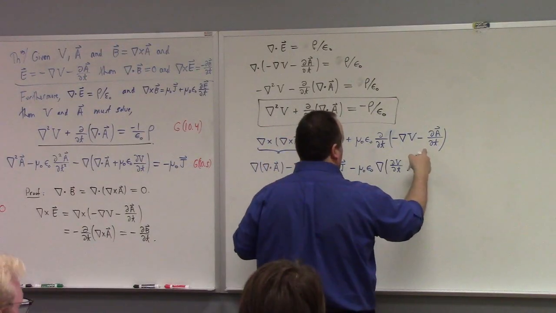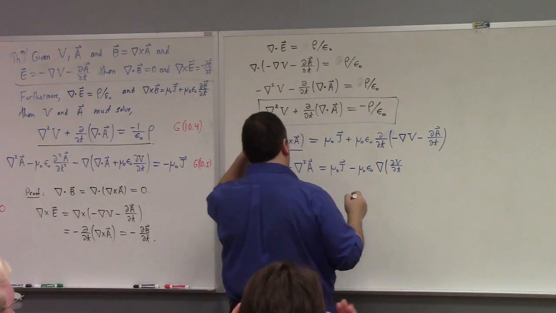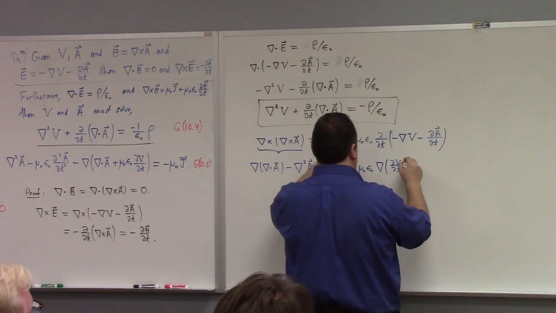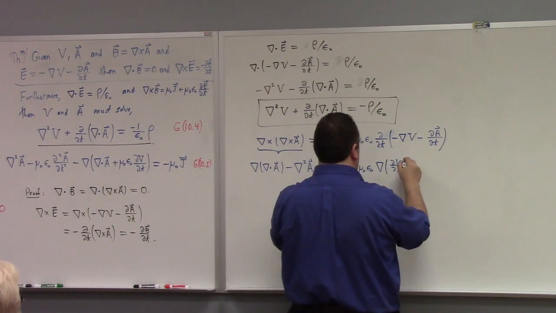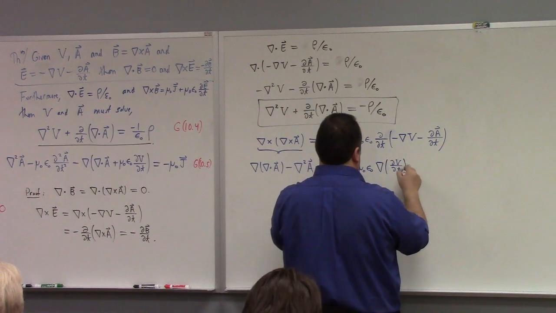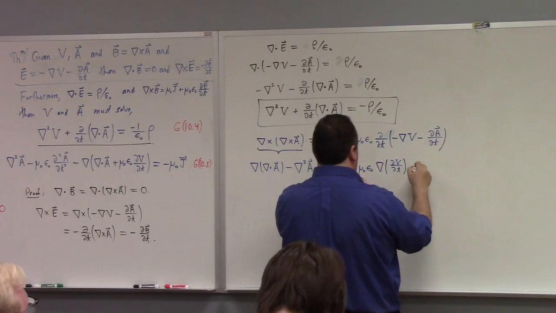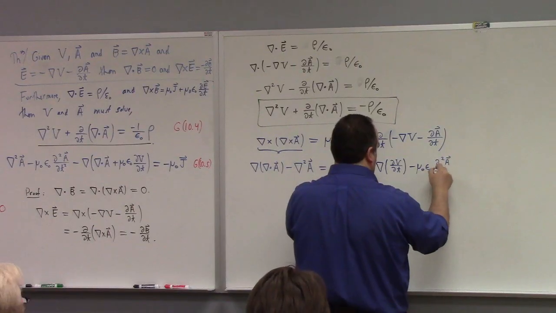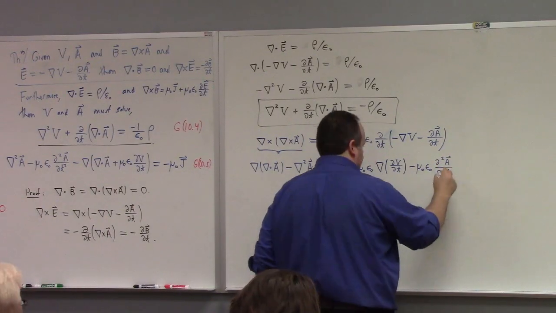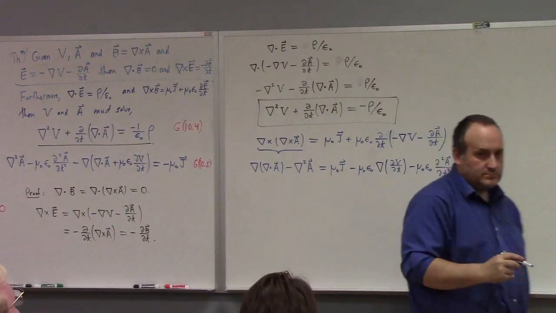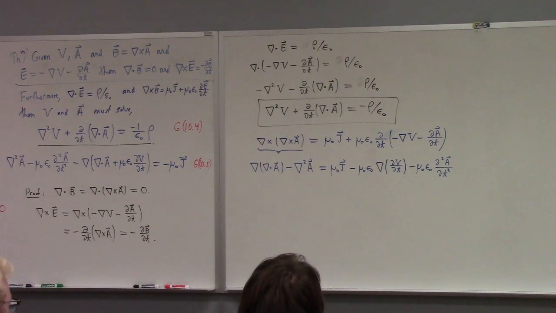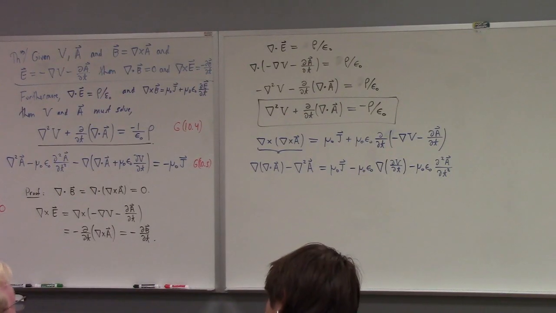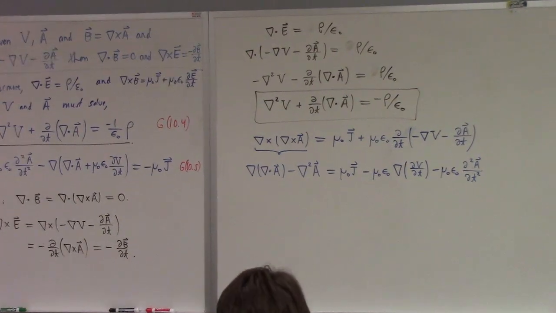And then that gives me this term. And then I also have minus mu naught epsilon naught partial squared A partial t squared. Almost there. There's a lot of writing here, but not a lot of thinking.